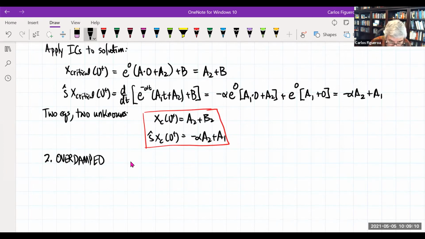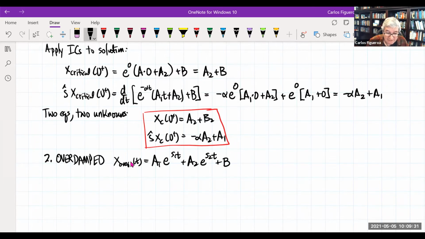So if I look at overdamped, we know that overdamped is then going to be a1 e to the s1t plus a2 e to the s2t. So now I just do the exact same thing. Again, I keep forgetting my constant b.